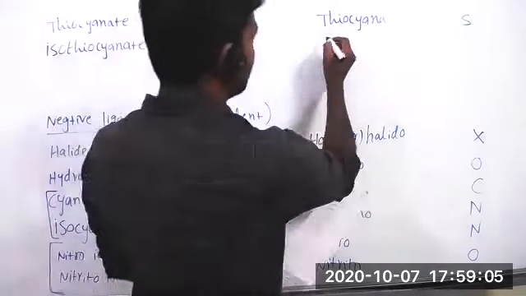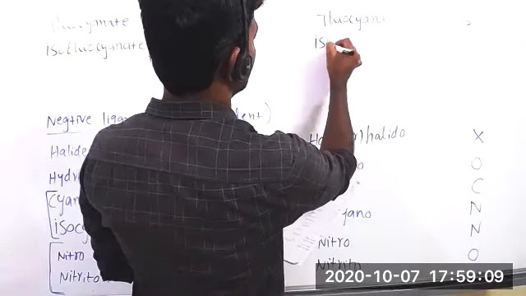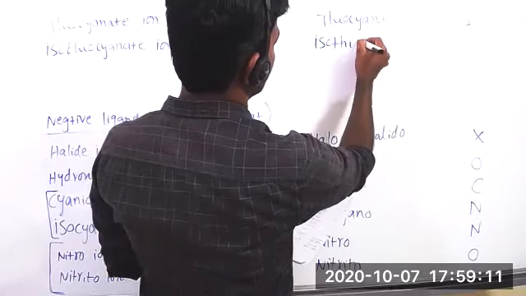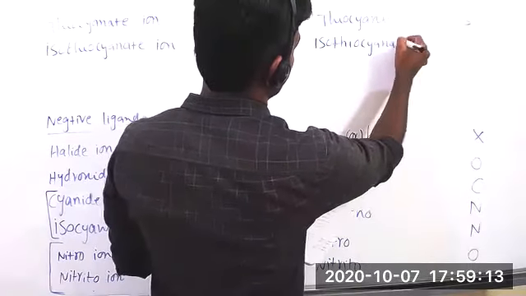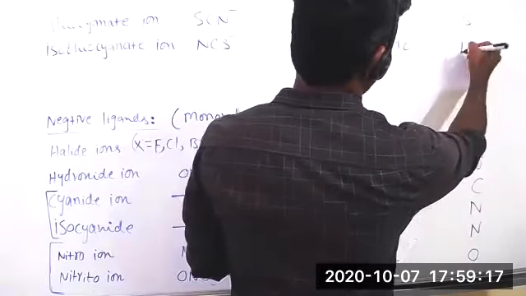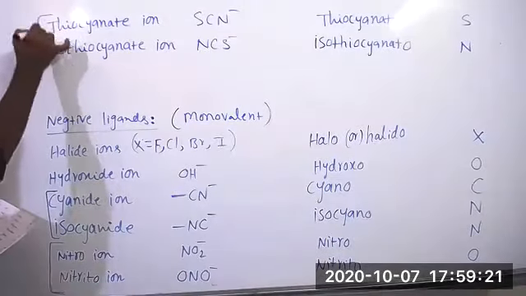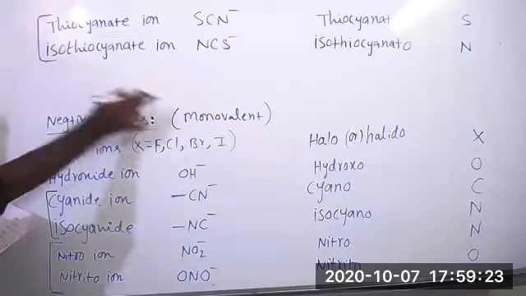Here name is isothiocyanato. So nitrogen is linked. So these also ambidentate ligands, but carrying -1 charge only.